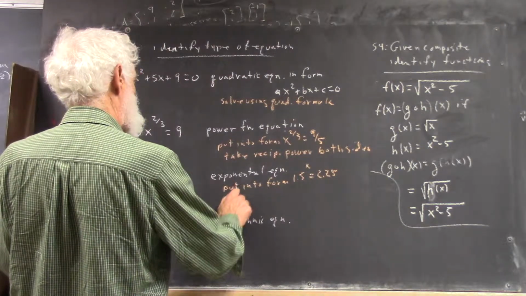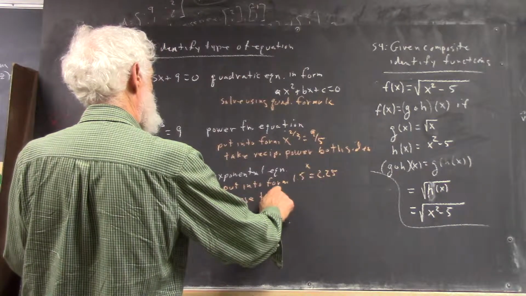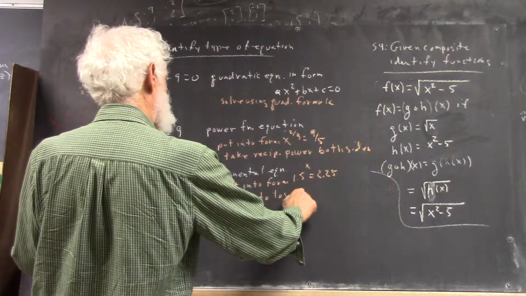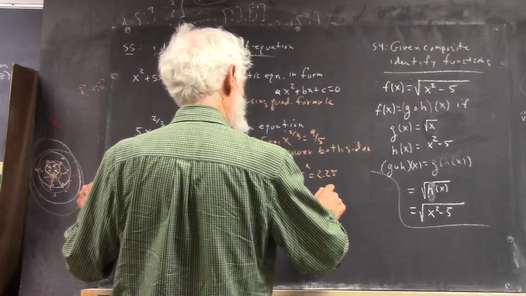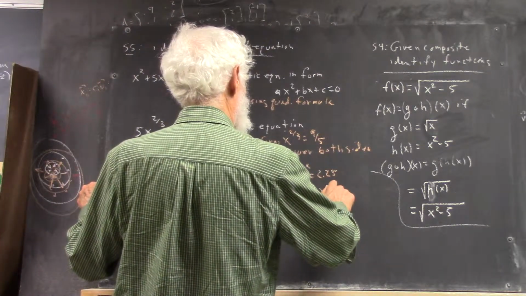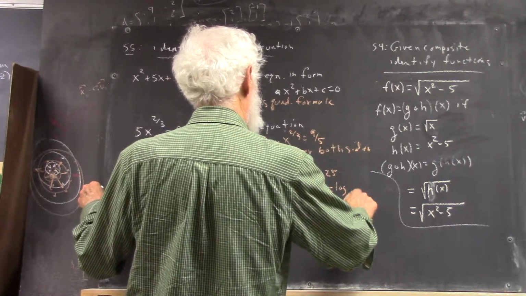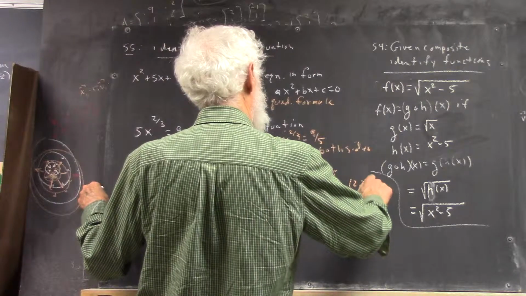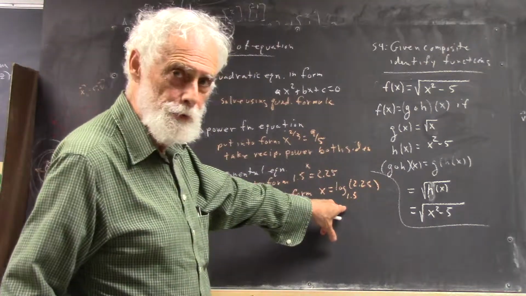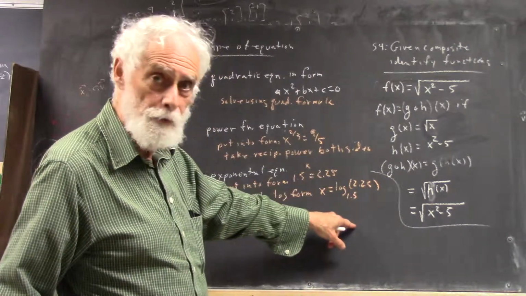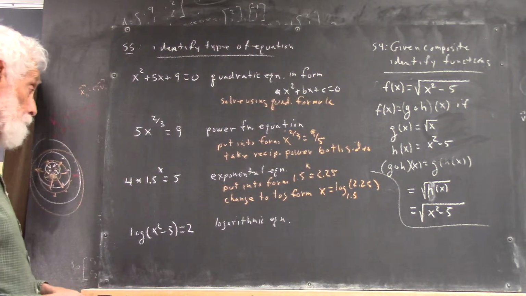And then you would change to the logarithmic form. x equals log base 1.5 of 2.25. And then it's easy to solve because it's the log of 2.25 divided by the log of 1.5. It's one of the properties of logarithms.